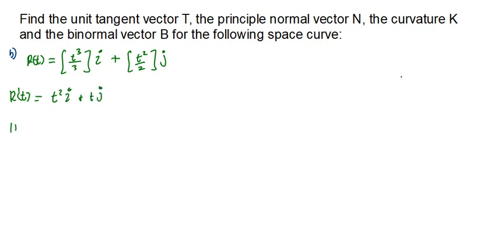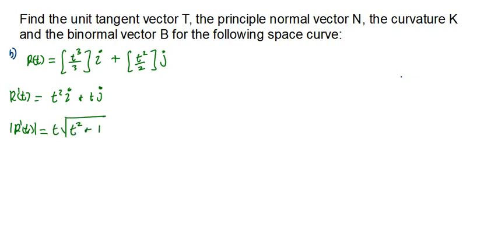Then the magnitude of that is the square root of t to the fourth plus t squared. I'll simplify this and write it as t root of t squared plus 1.